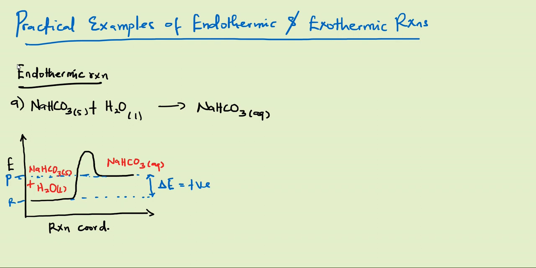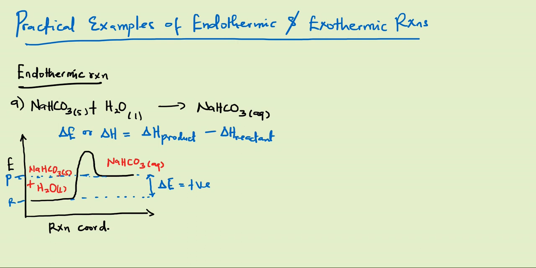And in case you forget or you missed the previous episode, we said delta E or delta H is equal to delta H of products minus delta H of reactants. And these are just the delta H of formation of product and delta H of formation of reactant. Okay.